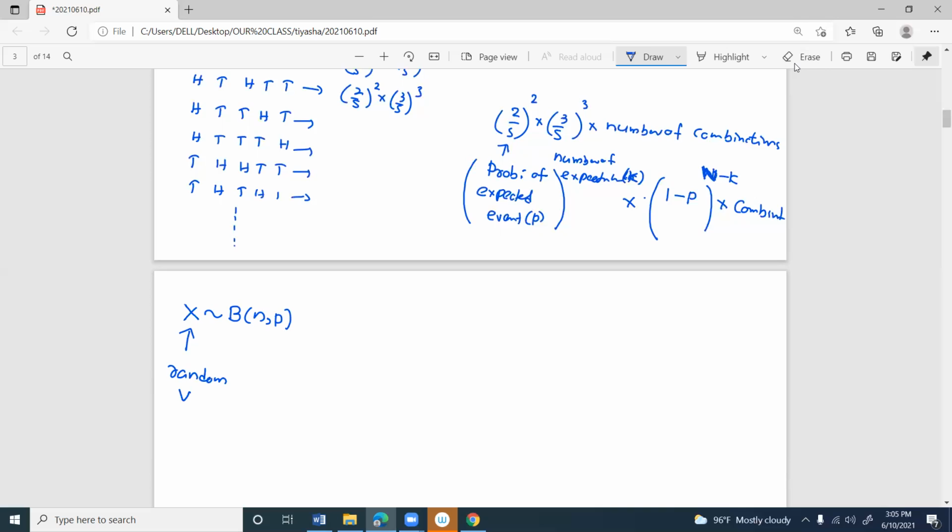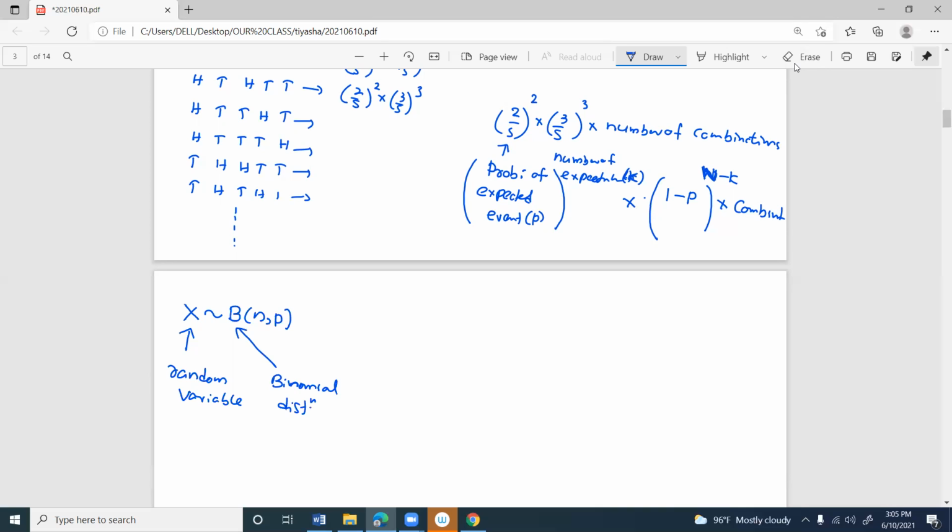This random variable means the expected event from this experiment. You are tossing a coin, and what is the expectation? We get the number of heads. The random variable is the number of heads. Understood? B is the binomial distribution. This is a way of writing it.